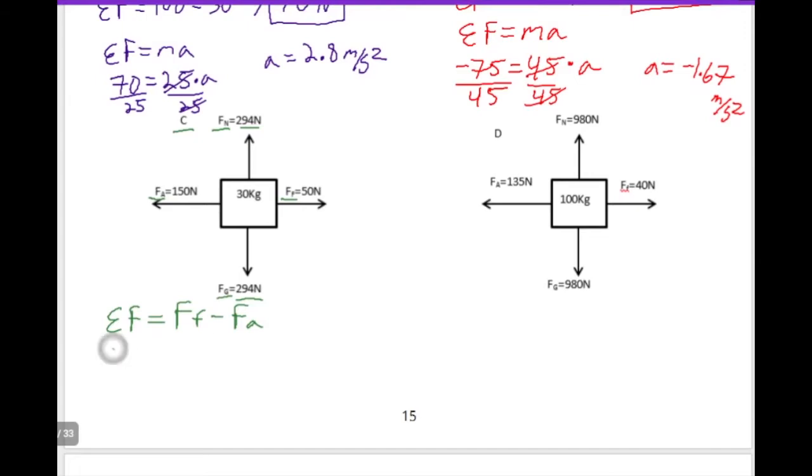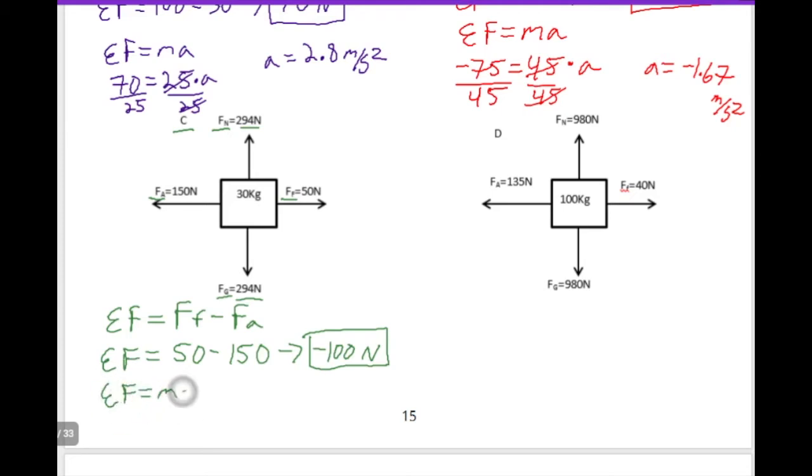Now that I have that, I can plug my numbers in. Net force is equal to 50 minus 150. If you solve, you find out that the net force should be negative 100 newtons. Now that we have the net force, we can take that and solve for our acceleration. Again, we know that net force is equal to mass times acceleration.